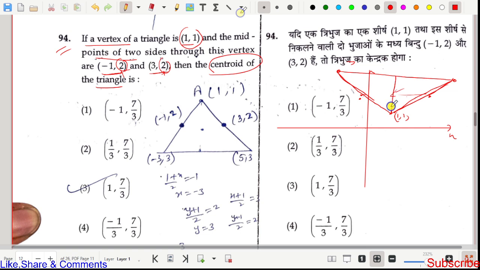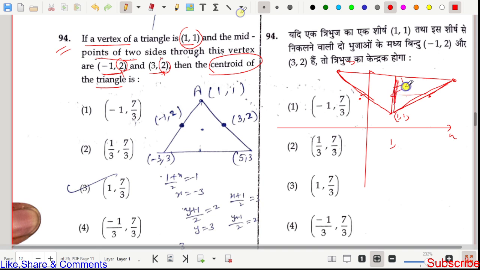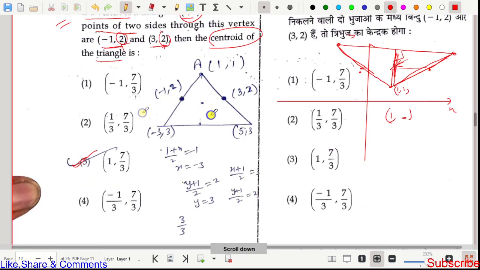So obviously the abscissa of the point will be 1. That means the x-coordinate will be 1 and the y-coordinate will be something. Checking the options, only one has 1 as the x-coordinate, that is (1, 7/3). You can solve it this way, and we can also solve it mathematically.